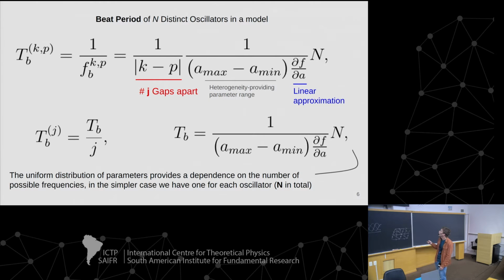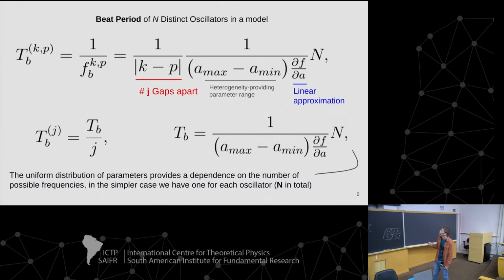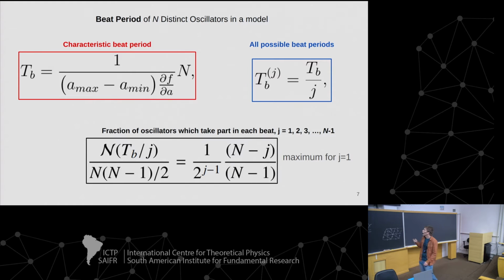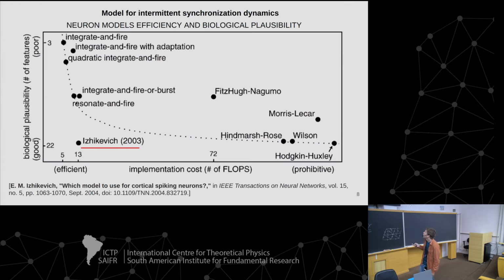It is written in terms of the number of neurons or oscillators and the heterogeneity range you choose for the network. The oscillators must have different frequencies, so they must have different parameters. Then we make an assumption that the frequency response is linear. So, quite a simple formula, right? I can show that this time is the most probable for the network.